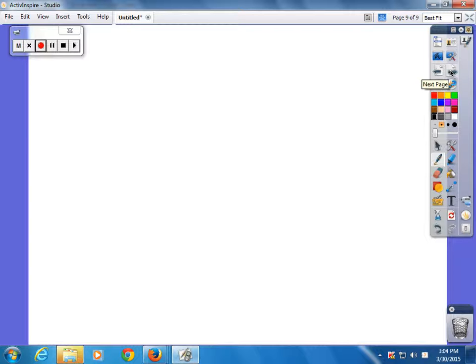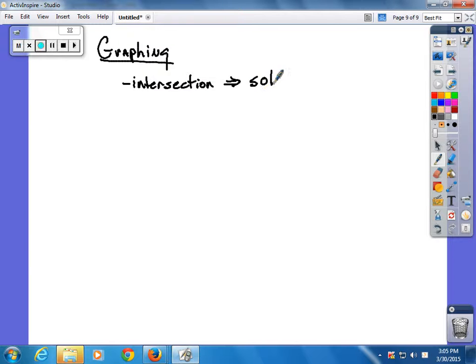Now, with graphing, you've got to remember your old rules. And you also got to remember that if you have an intersection, that is a solution. Anybody remember this? What if you have parallel lines?